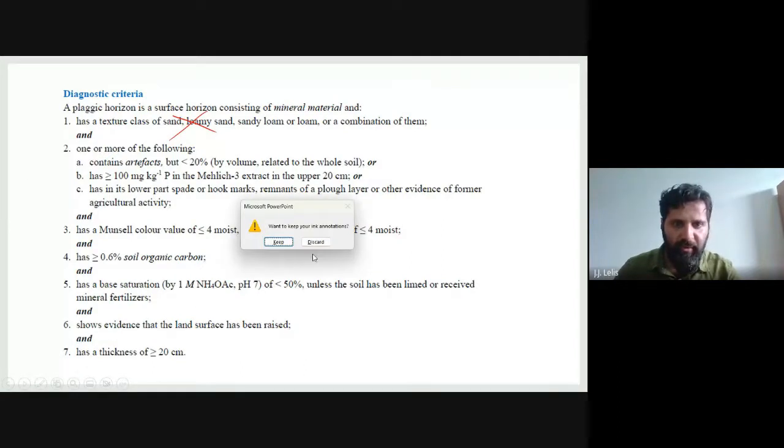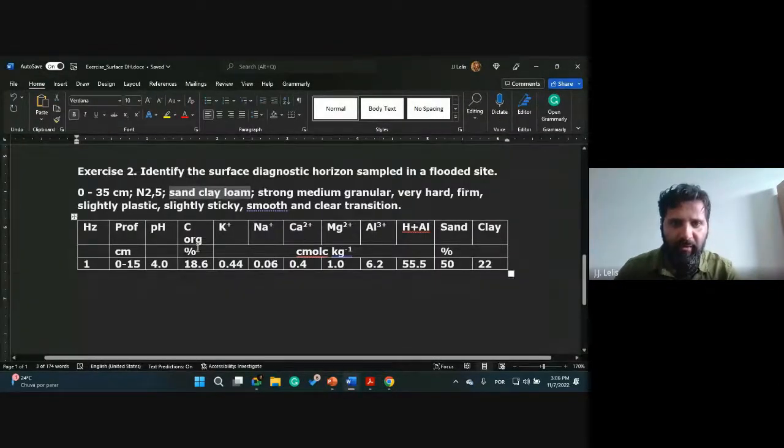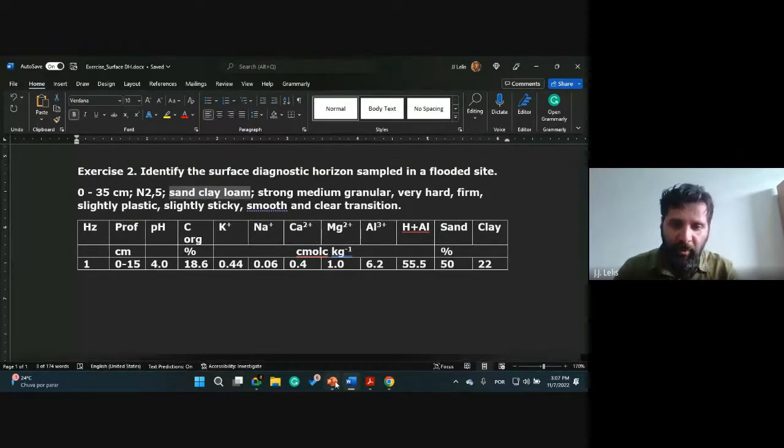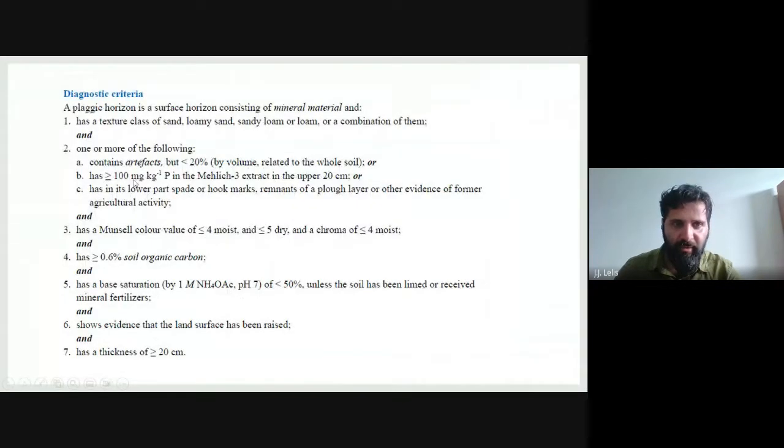I think that, let me see, we have the content of phosphorus here. No, I didn't include it, but if I include it, we could check if it presents this high content of phosphorus. I know because I classified this horizon in the past and it didn't present this higher content, okay? But it didn't present this texture, so it's not a pretic horizon.